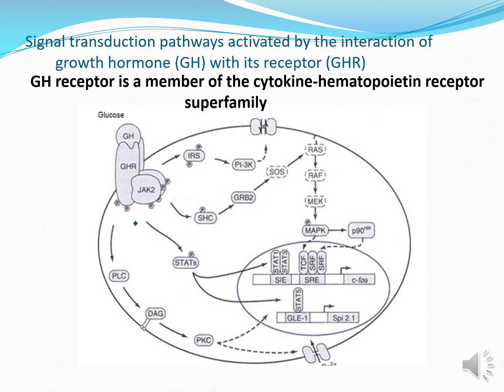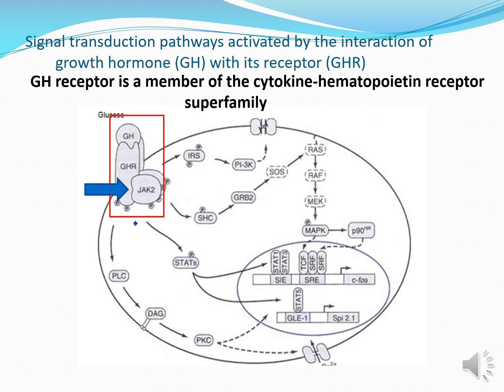Growth hormone binding causes the dimerization of two growth hormone receptors. This results in the activation of growth hormone receptor associated JAK2 tyrosine kinase and phosphorylation of the receptor and JAK2 on tyrosyl residues.